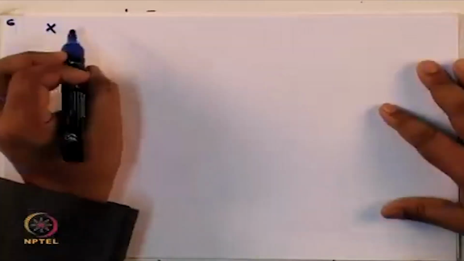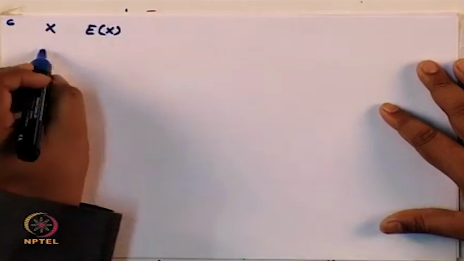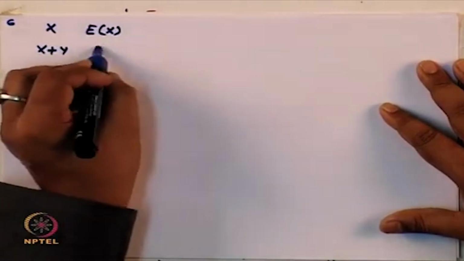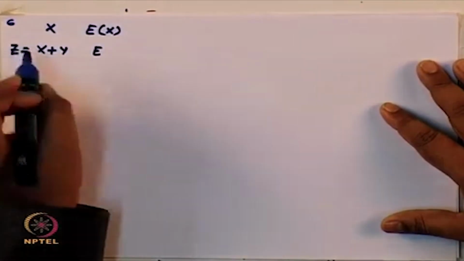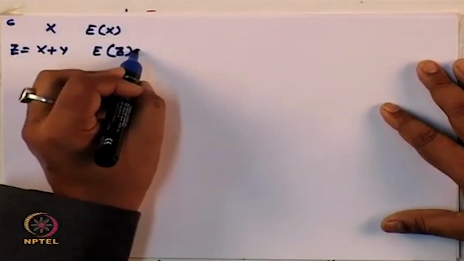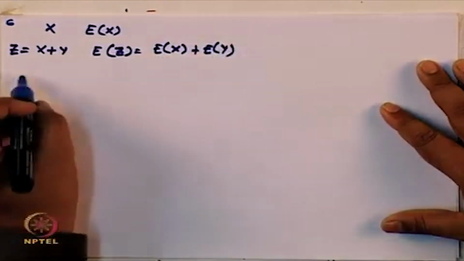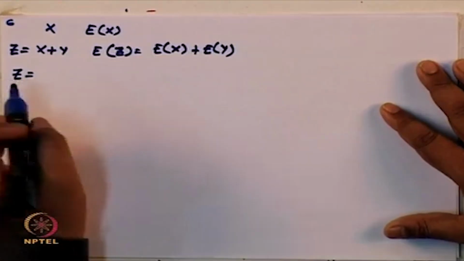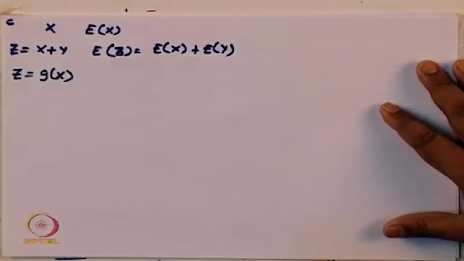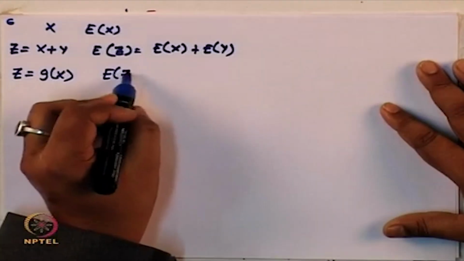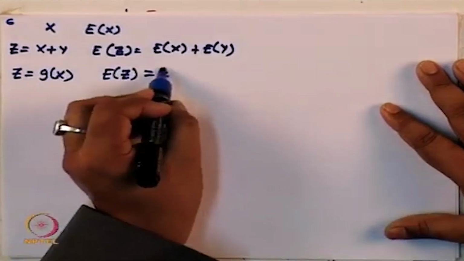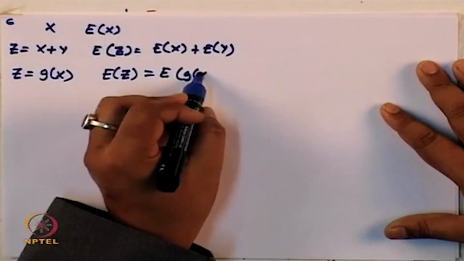Okay. Let's take another. So, we can generalize. You have X and you can have expectation of X. You have X plus Y, your Z. So, let us say if you define Z as X plus Y, E of Z is simply E of X plus E of Y. You can define a new variable Z as g of X. In that case, E of Z is simply E of g of X, right.